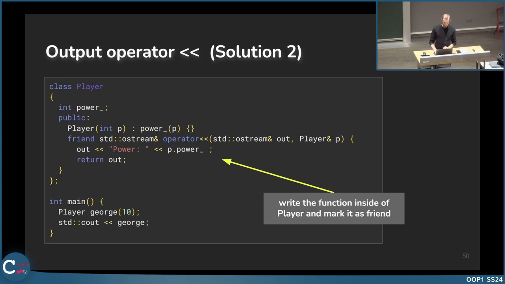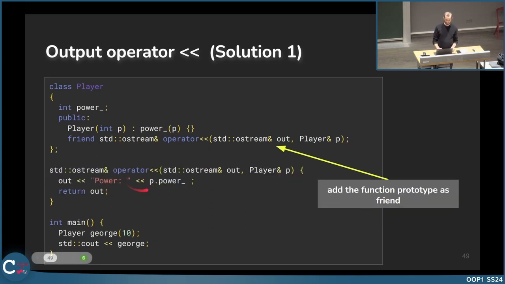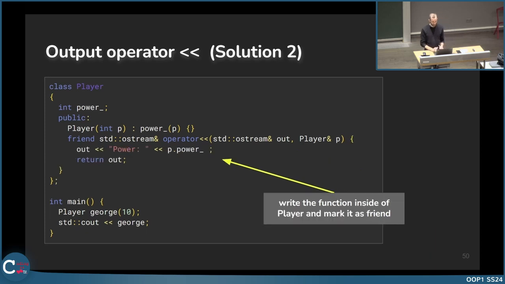So I would prefer this, where you just declare it as friend and say it's implemented somewhere else, and you can implement it maybe above or below the class. But it's up to you how you handle this.